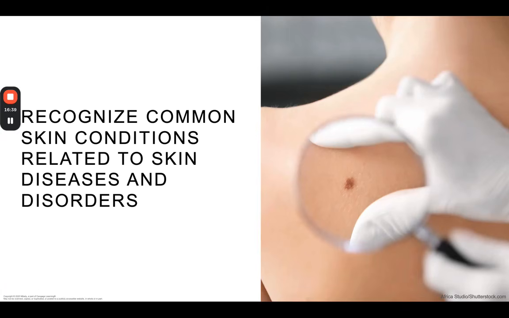Alrighty, and then I think we are at objective number 12, which is recognizing common skin conditions related to skin diseases and disorders. So the skin conditions on table 4-6 on page 154 are often symptoms of more than one skin disease or disorder.